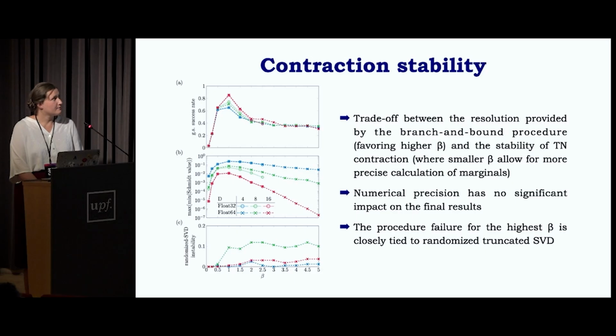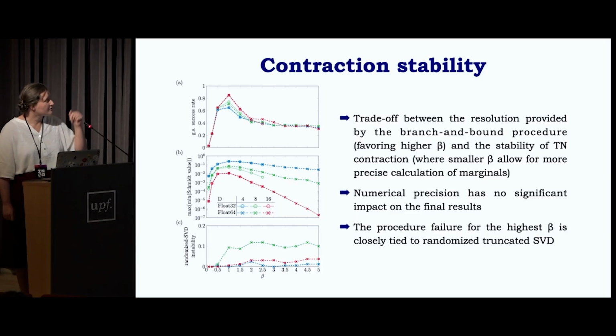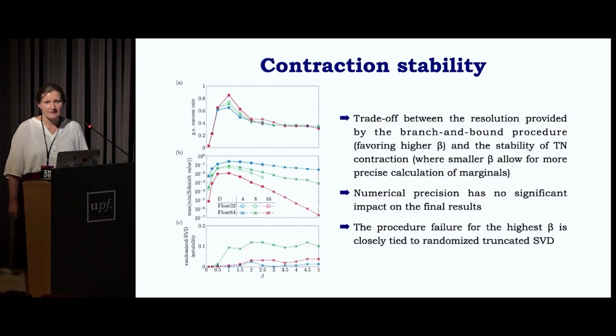And our main goal was to see how often the tensor network method can identify the ground state. This is shown here on the first plot, panel A, as the ground state success rate as a function of inverse temperature beta.